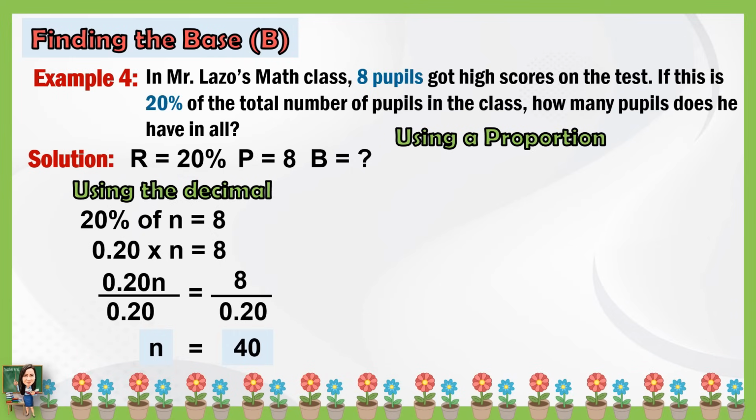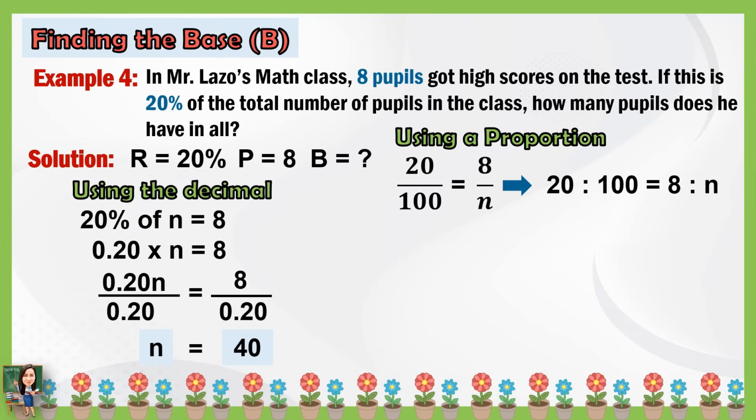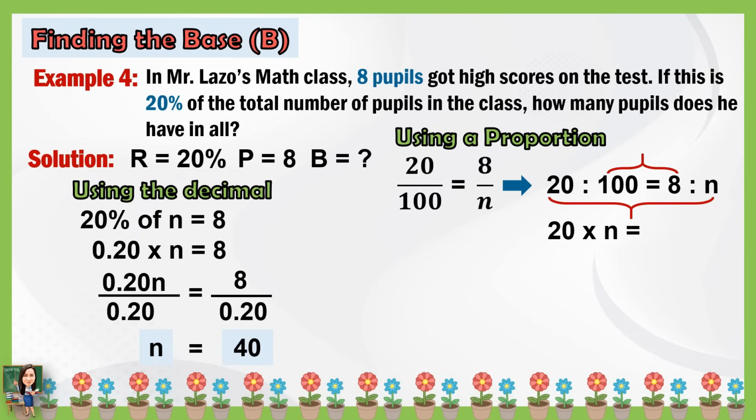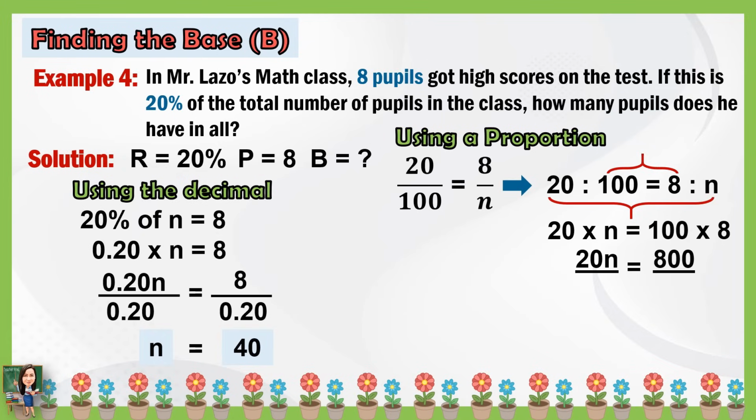Using a proportion, 20 over 100 equals 8 over n. In proportion, it is 20 is to 100 equals 8 is to n. Multiply the first and the last term, 20 times n, and multiply the second and the third term, 100 times 8. 20 times n equals 20n. 100 times 8 equals 800.